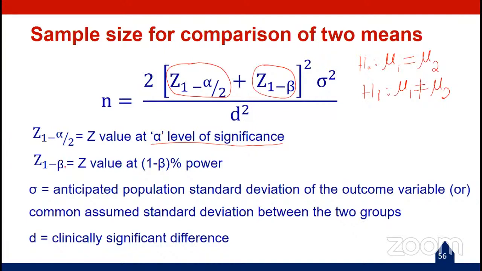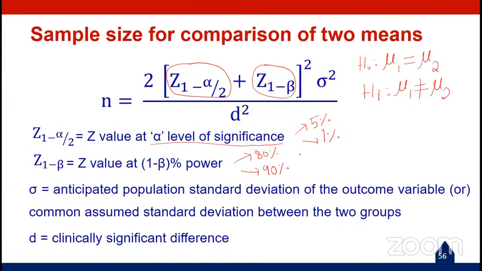This Z1 minus beta is the Z value at 1 minus beta percentage power. Ideally we use 5% level of significance or 1% level of significance. Power we use 80% or 90%.